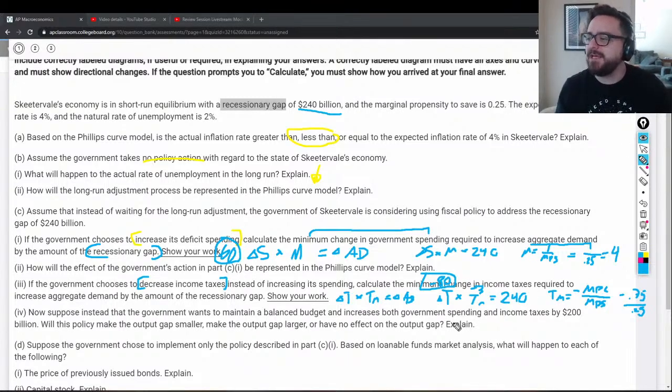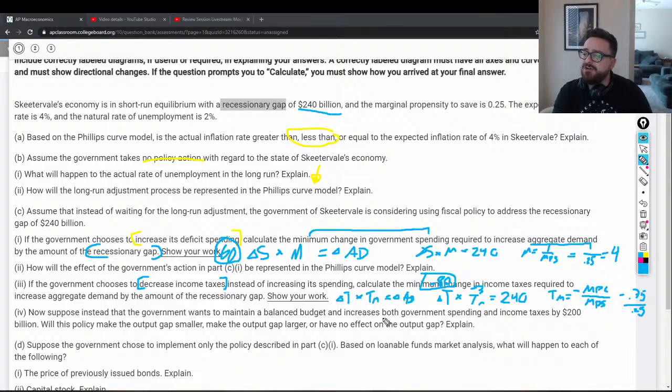So they increase both government spending and income taxes by 200 billion. I could do math to help myself here. I don't need to, I know why, but I can show you the math. I would be using these same formulas again. They're telling me the change in spending is 200 and the change in taxes is 200, but it's an increase in taxes, which is important.